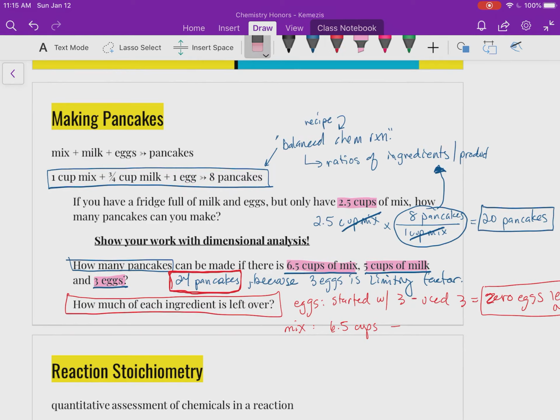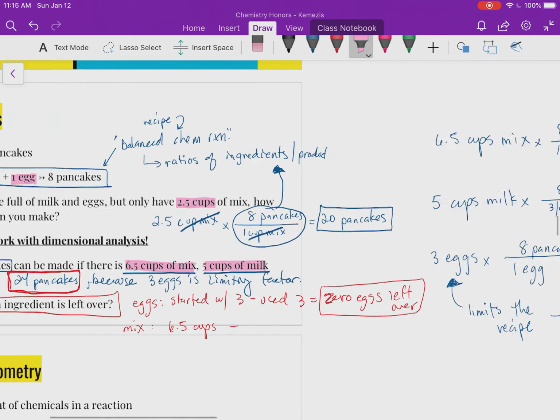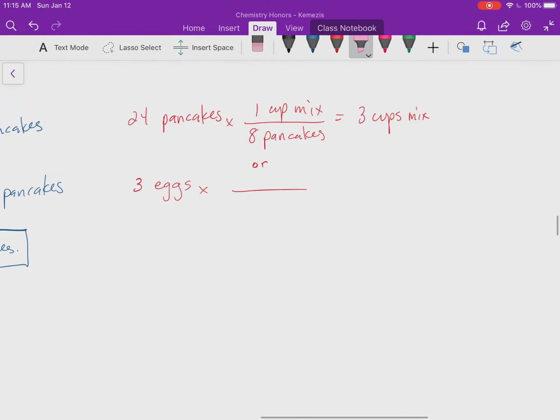I could say, well, if I use 3 eggs, or for every egg I use, how much mix do I use, right? It's a 1-to-1 ratio. So I can come back here and say for every 1 egg, I use 1 cup of mix. Eggs cancel out, as it should, and we still get the same answer. So it doesn't matter which way you go.